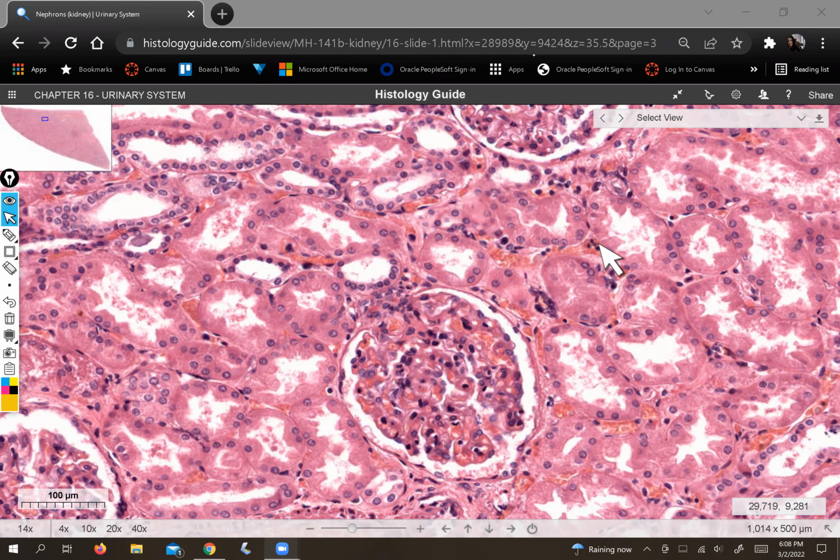The only place that you see renal corpuscles, which is, let's do yellow, that's more visible. So of course, this is a renal corpuscle, which includes the glomerulus, the podocytes, and the squamous cells lining the capsular space. You only see those in the renal cortex.